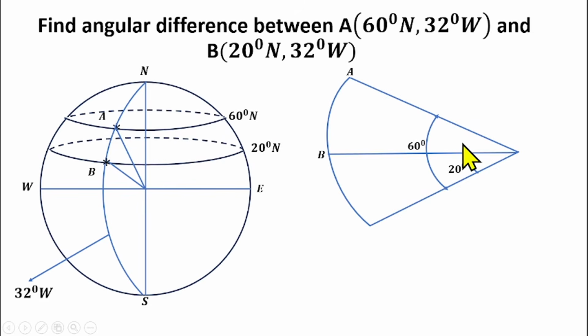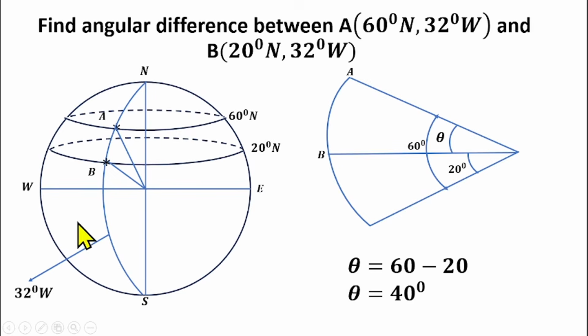Then our aim is to find the angular distance between point A and point B, which is this angle here, theta. How do we find theta? Theta will be equal to the whole angle here, which is 60, minus the angle here, which is 20. And that will give us 40 degrees for the angular distance between point A and point B.